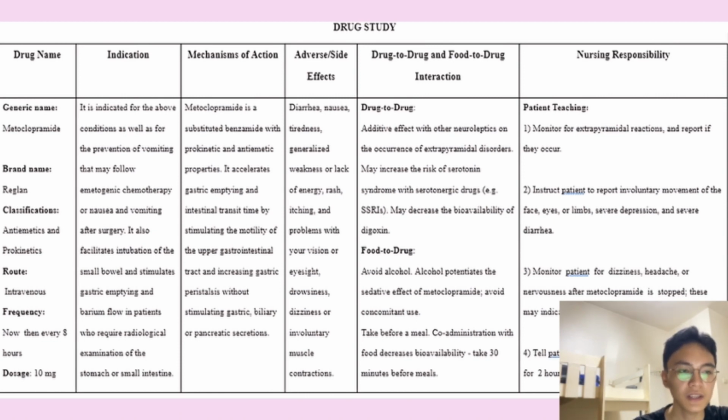So our patient teaching and nursing responsibility: monitor for any reaction and report if they occur. Instruct the patient to report involuntary movements of the face, eyes, or limbs, and severe depression or severe diarrhea. Then monitor the patient for dizziness, headaches, or nervousness after metoclopramide is stopped.